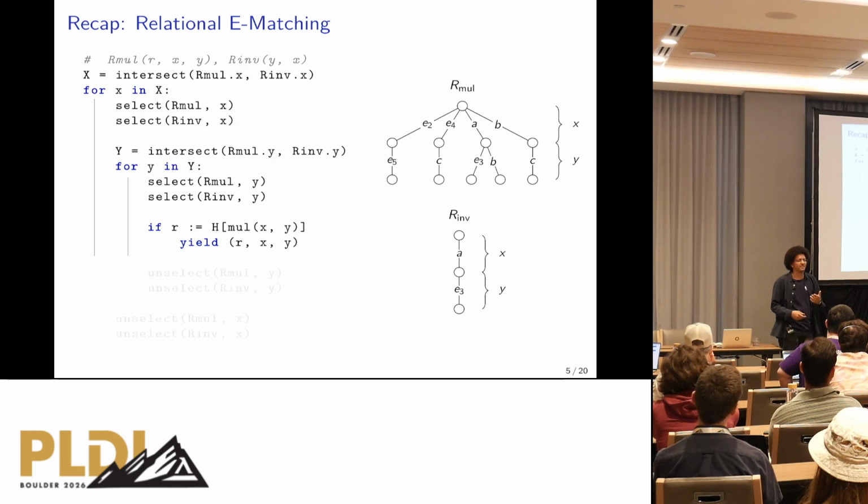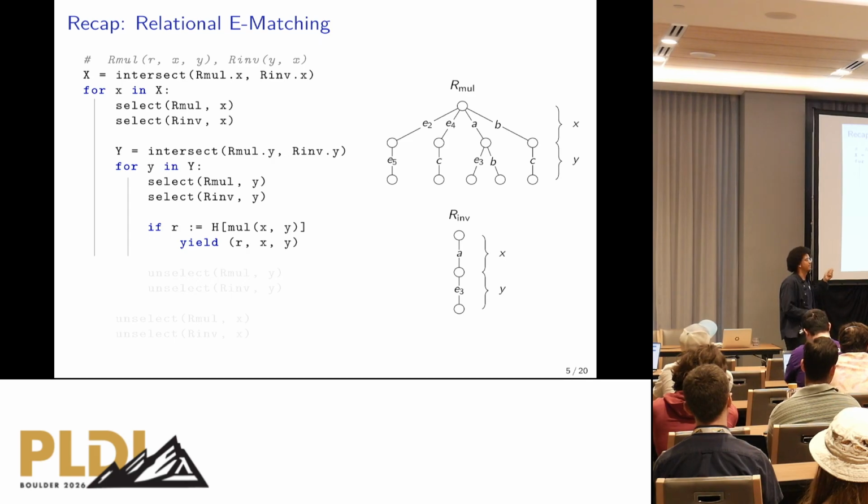Intuitively speaking, if you know the E-node, multiply x by y, then you can look up the ID in the hash table we already use for hash consing. So you don't need to store this even in our relation, in our tries. We can reuse this interning or hash consing table to find the one unique value, and no E-node is contained in two different E-classes. We will be using this later.